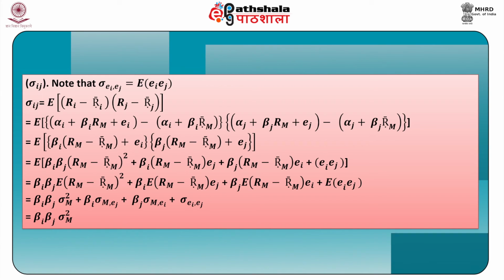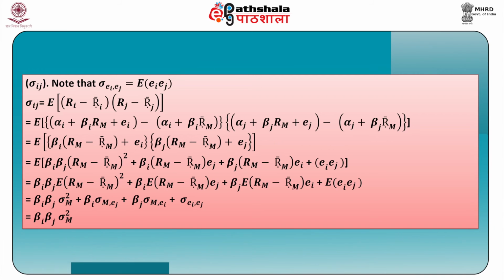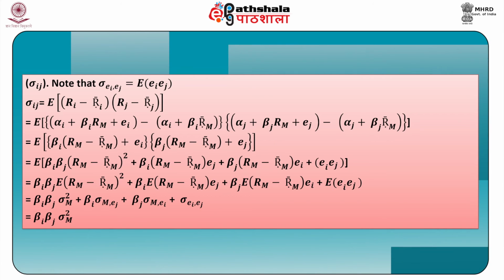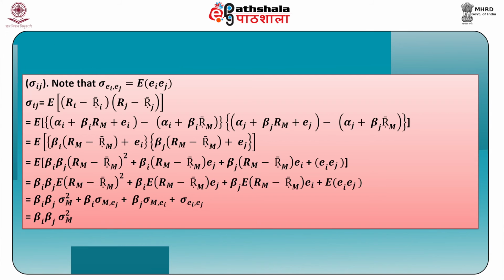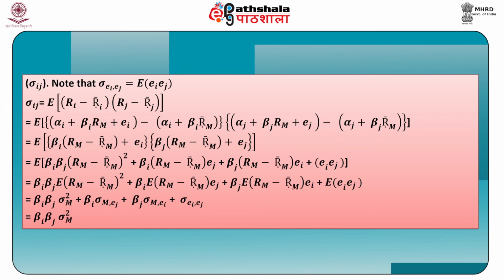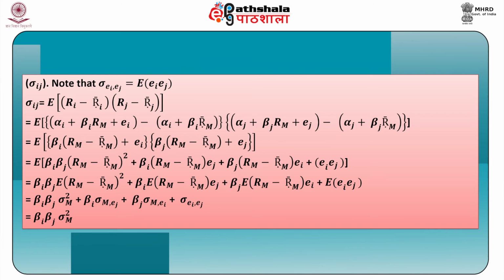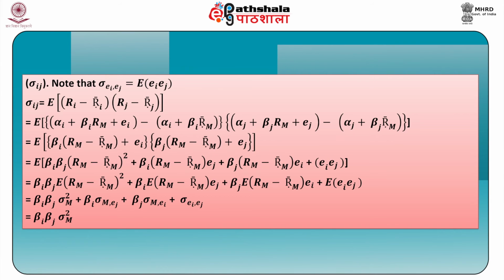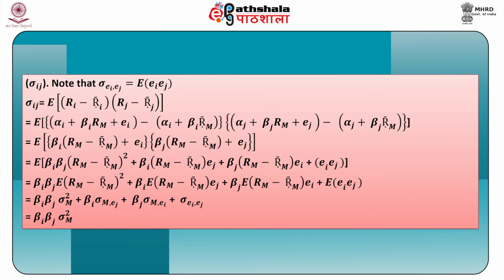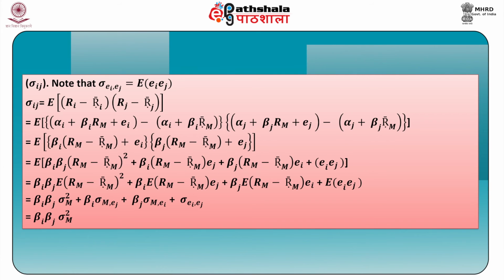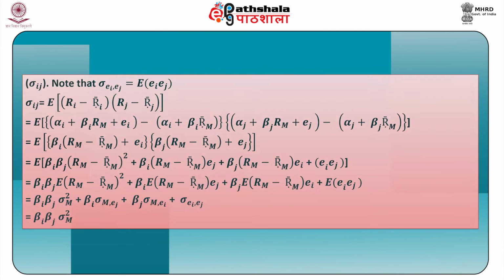which is equal to beta i into beta j into capital E into (Rm minus Rm bar) whole square plus beta i into capital E into (Rm minus Rm bar) into Ej plus beta j into capital E (Rm minus Rm bar) into Ei plus capital E into Ei into Ej, which is equal to beta i into beta j sigma m square plus beta i into sigma m Ej plus beta j into sigma m Ei plus sigma Ei Ej, which is equal to beta i beta j sigma m square.